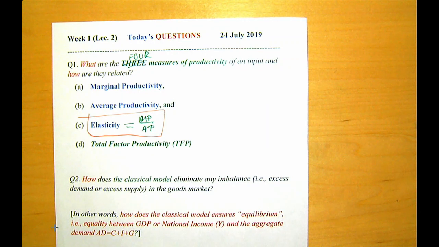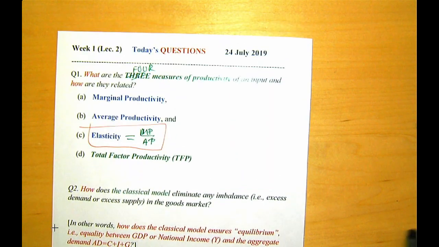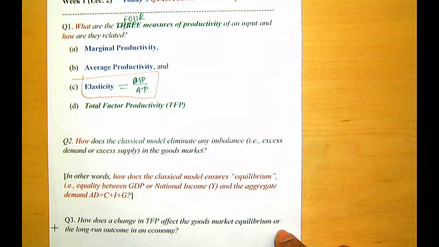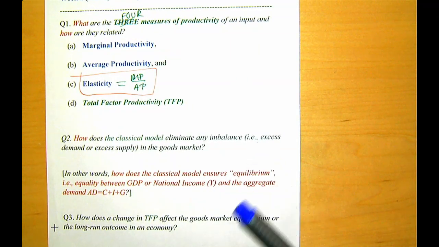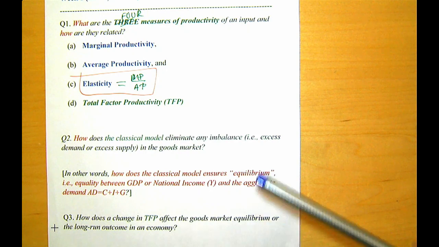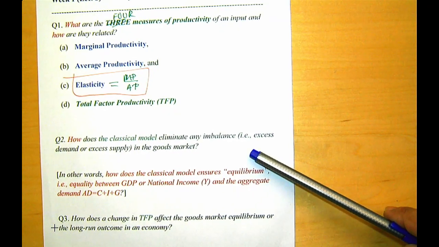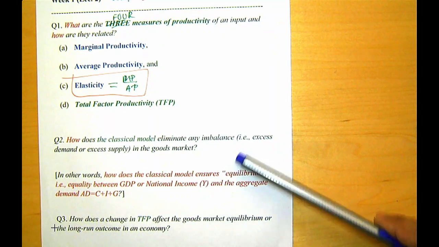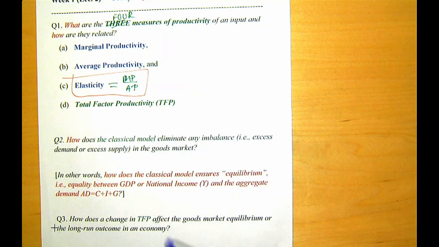We're going to connect this productivity to real wage, national income, real rate of return on capital, and we'll first begin with the product exhaustion theorem. So I'm going to put on Canvas a couple of handouts which you should print and may bring, and we will try to answer first this question: how do you get equilibrium, demand equal to supply in the classical model, and how TFP can affect that.